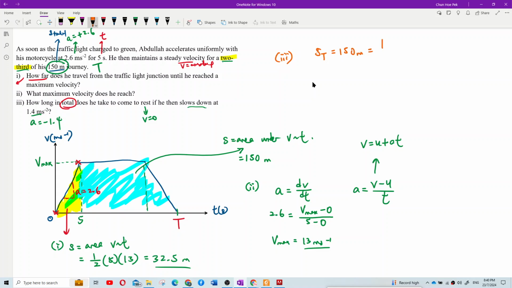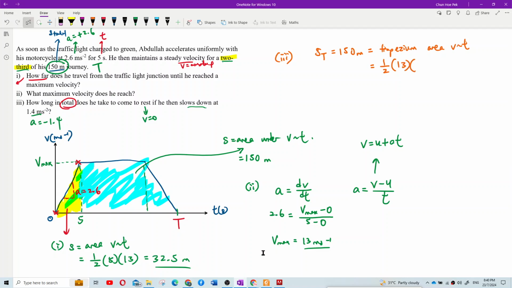It is the trapezium area of the velocity-time graph. So the trapezium area is one half times the height. The height I already know, the Vmax. Vmax is 13.